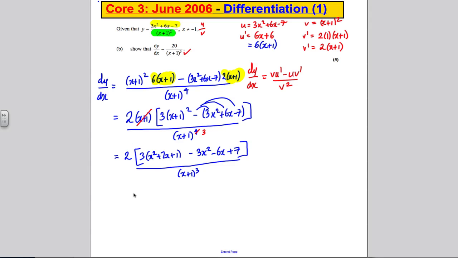And I'm fairly sure you can see we're getting there. This would give us 3x squared, would cancel with this 3x squared. Then we would get 6x cancelling with that 6x, and we get 3 plus 7, which is 10. So you would have 20 over x plus 1 cubed, and you have got the answer you were looking for.